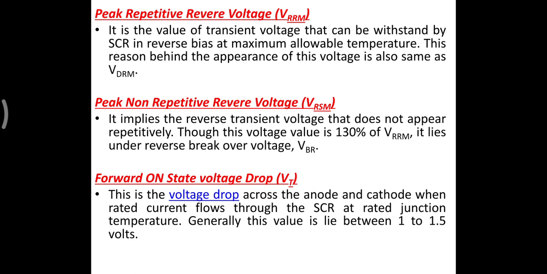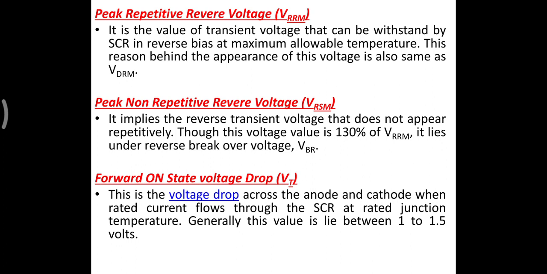Generally this value lies between 1 to 1.5 volts. So forward on-state voltage drop is the voltage drop across the anode and cathode when rated current flows through the SCR, that is, when we turn on the SCR.